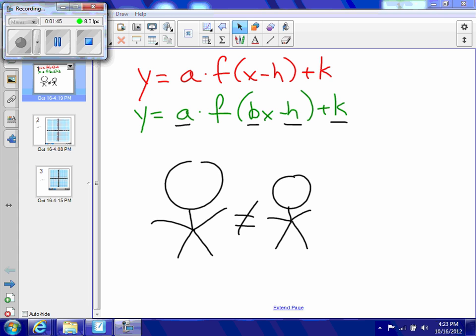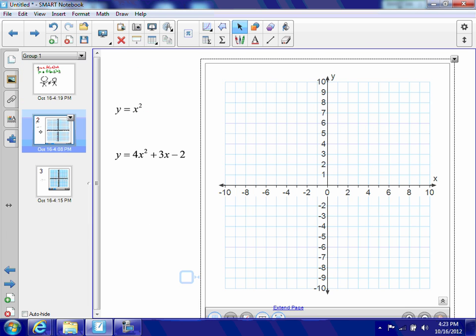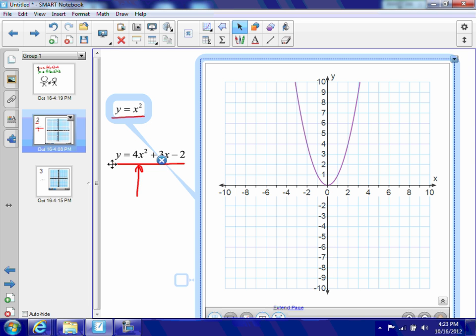It's the same with functions. When I have functions that are parents, I'm talking about, for example, in this function here, my parent function is a function x squared. It's the highest value, the highest exponent of x in my function written in standard form. So if I look at my parent function, that's my parabola.